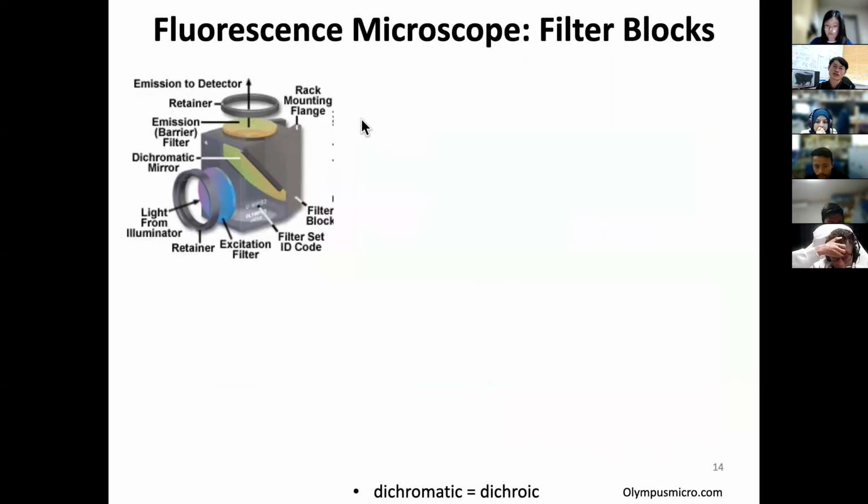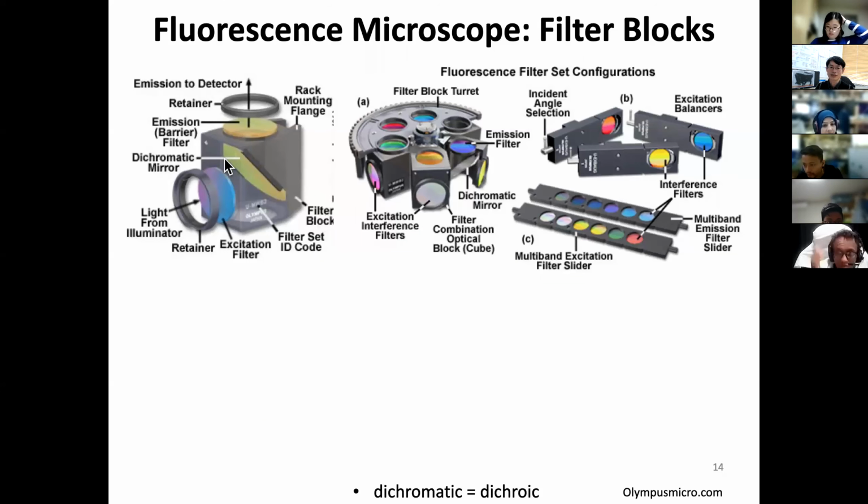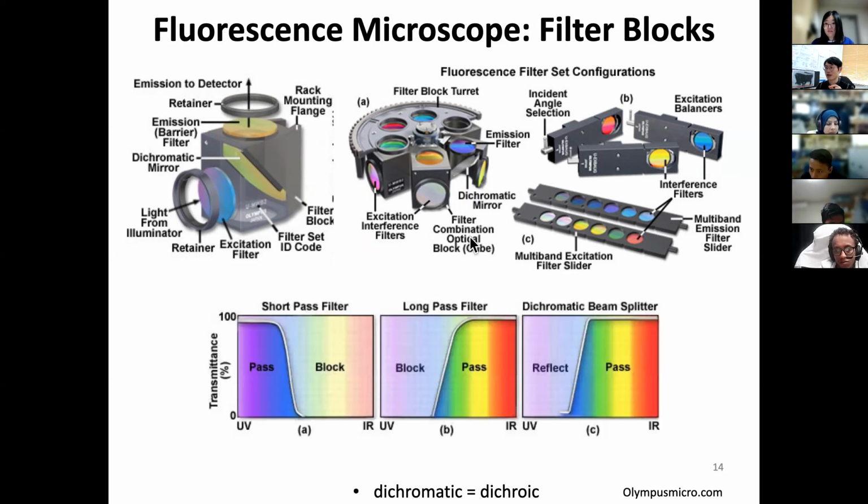And these filters you will find in your laboratory. There are various kinds of filter turrets. You can buy these, but they are actually very expensive, almost $1,000 for each unit. You can have multiple, with different ways of arranging the filter blocks. But the point is, there are short pass filters which pass lower wavelengths, and long pass filters.